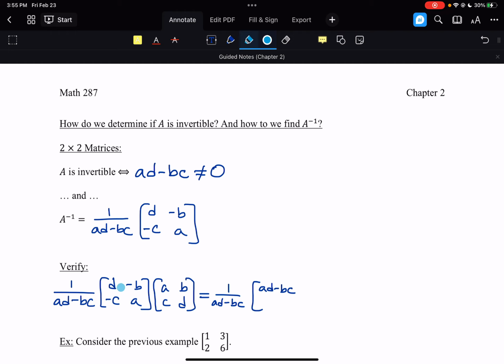The second component, that's DB minus BD, which, of course, is BD minus BD, so that's 0. Third component, that's negative AC plus AC, so that's 0. And the fourth component, that's negative BC plus AD. So I'll just rewrite that as AD minus BC again.